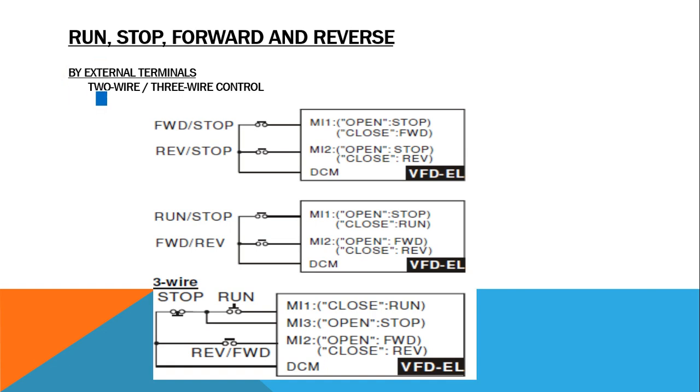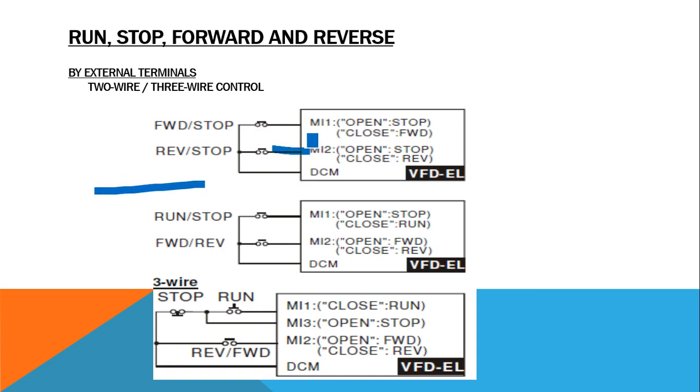In VFDs, we come to the main control methods. It is known as 2-wire or 3-wire control mode. Whatever the manufacturer, they specify similar words, 2-wire or 3-wire control method. Here you will see two methods of 2-wire control. What is 2-wire control?